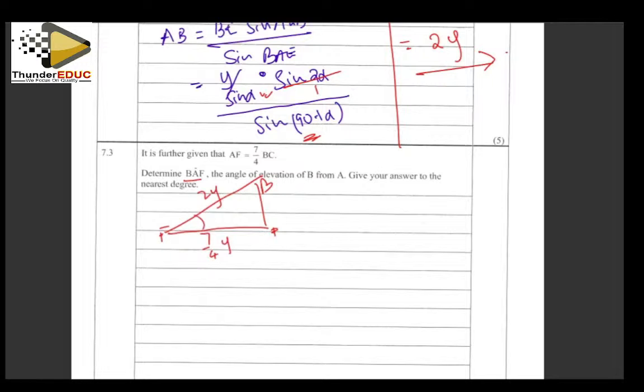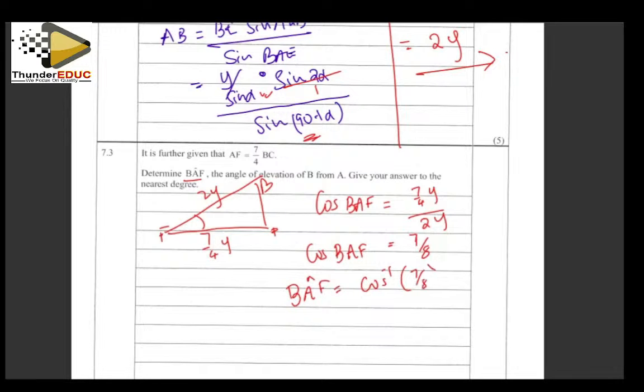So we can use adjacent over hypotenuse, the cos. So the cos of BAF is equal to adjacent 7/4y divided by 2y. So the y's will cancel out, and then the cos of BAF should give me 7/8. Which means BAF will be the arc cos of 7/8.